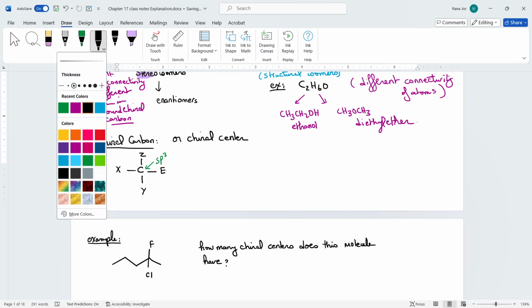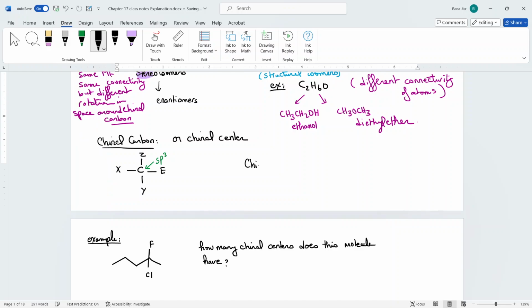So by definition, a chiral center, in this case a carbon, should have 4 different groups around it. Now in this chapter we are limited to a chiral carbon center.